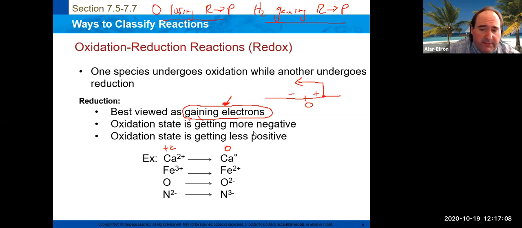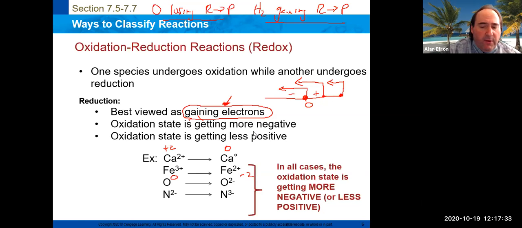Iron is going from +3, which would be like over here, to +2, which is going to the left as well, also going through reduction. Our oxygen is going from 0 to -2. So 0 is here, again, going to -2, which is to the left, which means it's going through reduction. So again, a very straightforward, simple way to figure out what's going through oxidation and what's going through reduction.